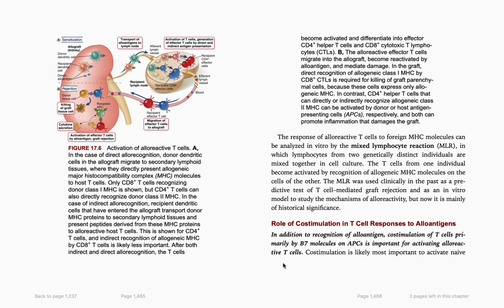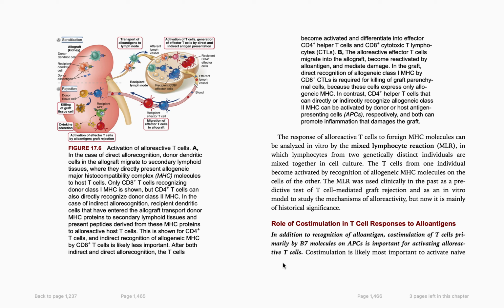After both indirect and direct allorecognition, the T cells become activated and differentiate into effector CD4 helper T cells and CD8 cytotoxic T lymphocytes. In B, the alloreactive effector T cells migrate into the allograft, become reactivated by alloantigen, and mediate damage.